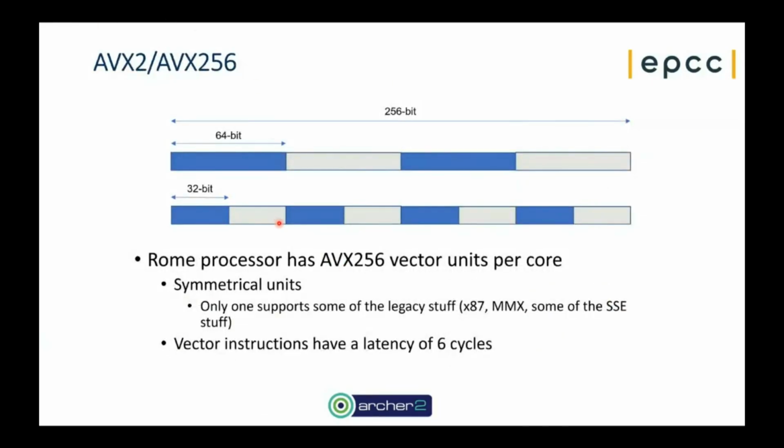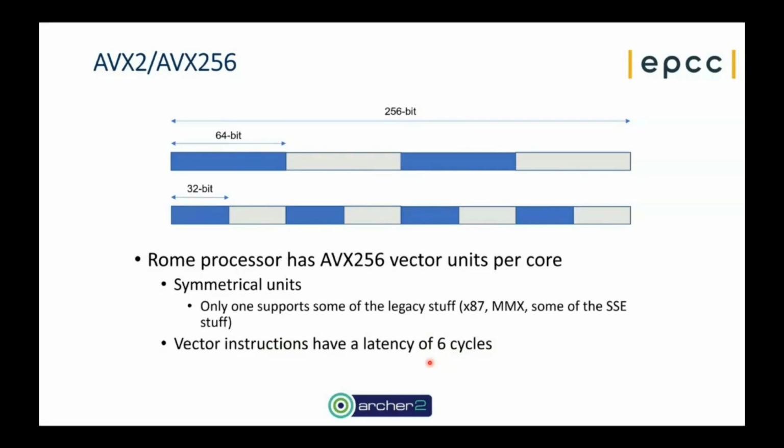The processors we're using in ARCHER2 have this AVX256 instruction set, which means it can do 4 64-bit numbers at once or 8 32-bit numbers at once. It also has a latency of 6 cycles.